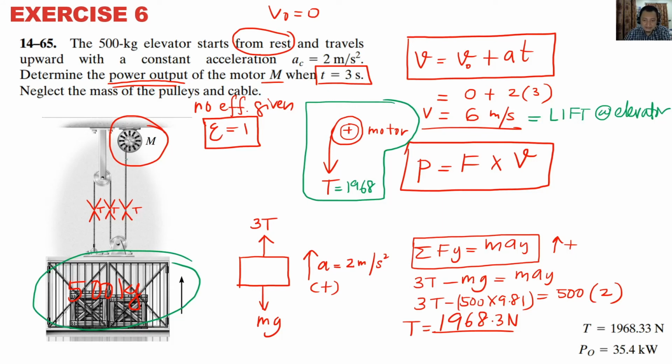So kena 3 times. Anyway you look at it, it's the same, right? If you want to solve the motor, kena 3 times, lepas tu multiply by the velocity itself. 3 times the velocity, kalau tengok kat bawah pun sama je lah. So depends on you lah, where you want to solve. If you want to solve at the bottom, you gotta take 3T. You cannot take T.